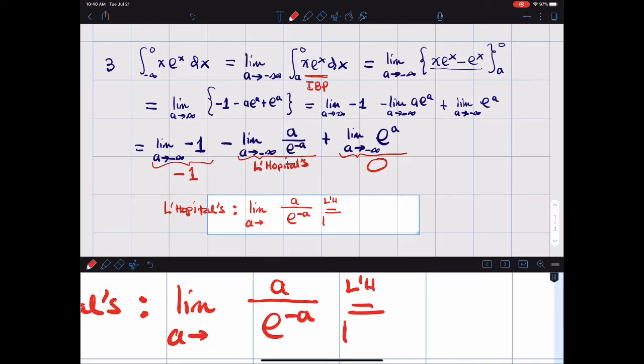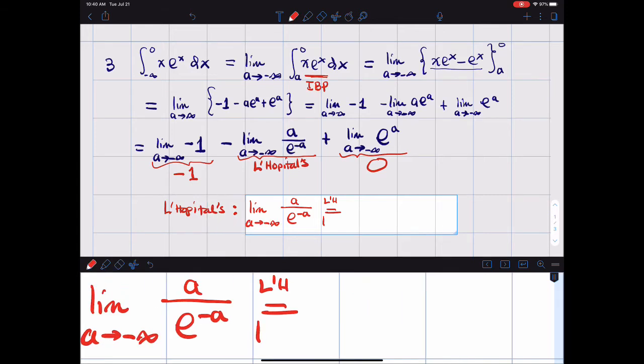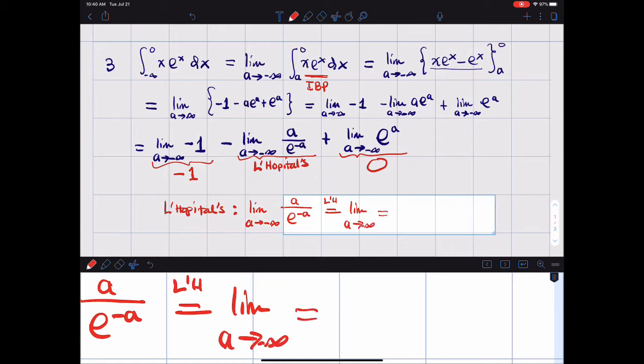So you take the limit as a goes to negative infinity. Derivative of the top is 0 with respect to a. So, oh no, not 0. What is wrong with me? It's 1. Derivative of the bottom is negative e to the negative a.